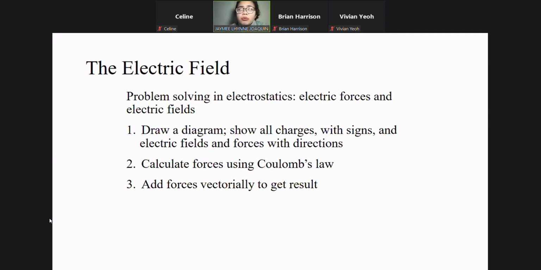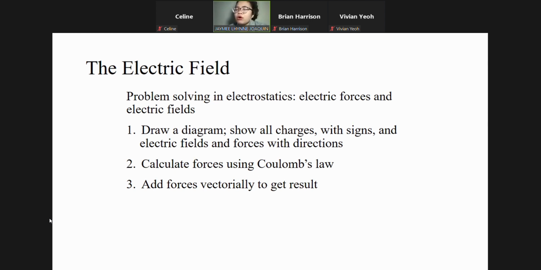Generally, in problem solving for electrostatic force, electric forces and electric fields are involved. First, an important thing that you need to do is to draw the diagram.